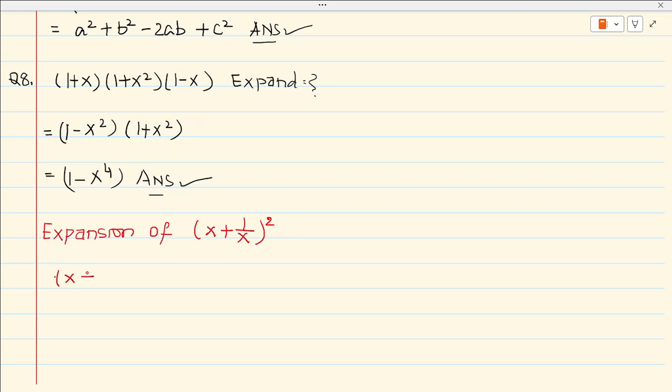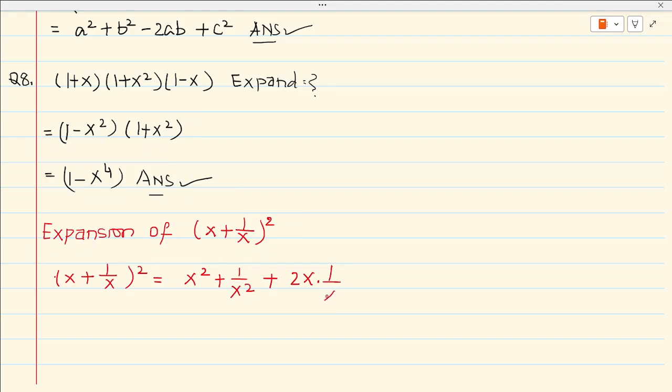x plus 1 upon x whole square will become, by applying a plus b whole square, what we get, a square plus b square plus 2ab. What is a? In place of a it is x. What is b?